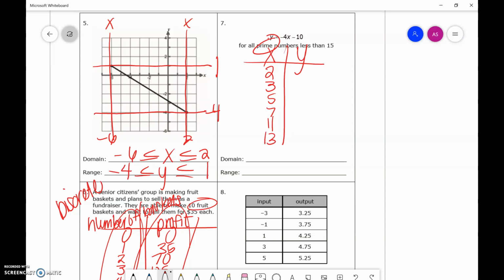And then what I want to do here is make a table of my Y values. Basically, X is our independent variable, so we're plugging in each X and finding our Y. You're going to plug in each number like so.